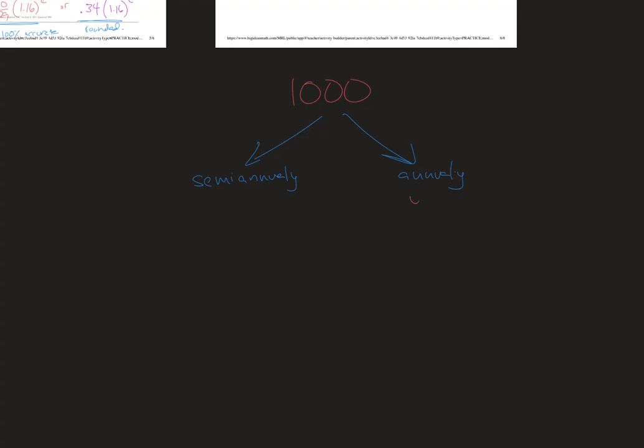So year zero. So there's our year category, and this will be our account. So we put $1,000 in there, and the year goes by and nothing happens. 1 year goes by, it's gone up 10%. So now we have $1,100.